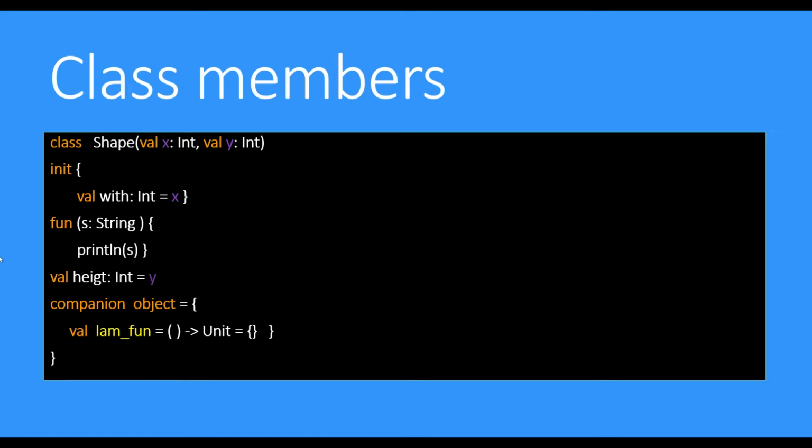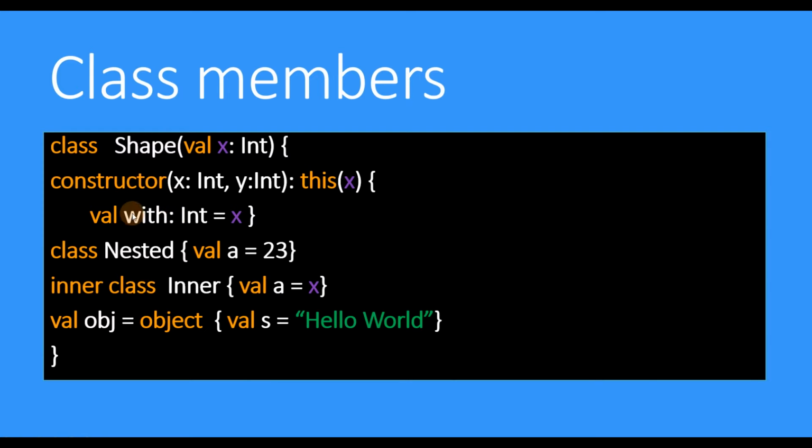In the previous video we said that inside of classes there can be functions, properties, objects, companion objects, and also initializer blocks which are adding code to the primary constructor of the class. In this video we will see an example of that.